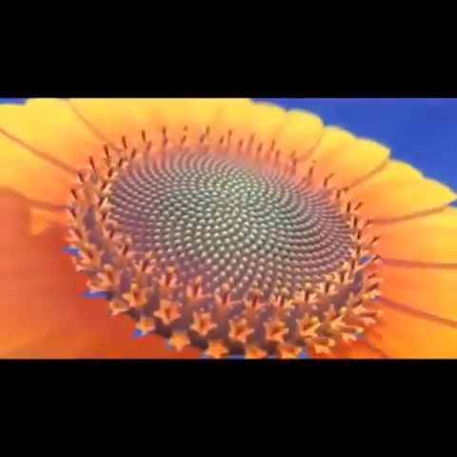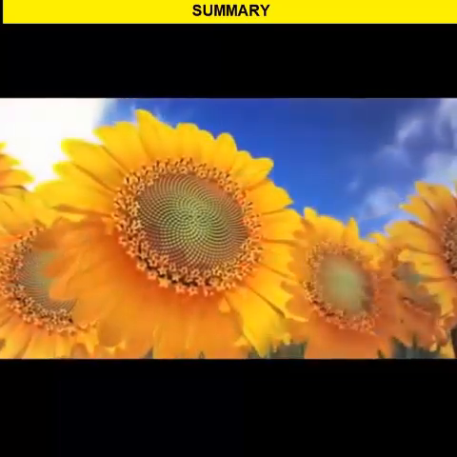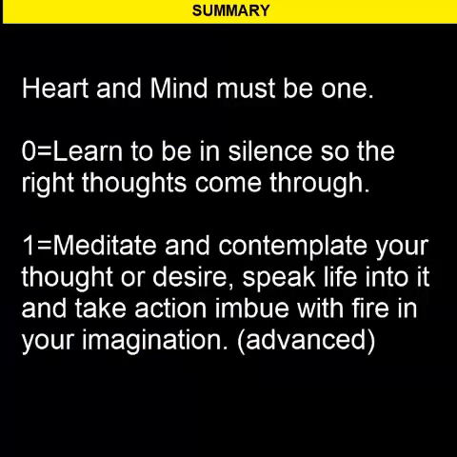So I would like to give us a summary here of everything that I've talked about. First, your heart and mind must be one. Now, according to 0 in the Fibonacci sequence, learn to be in silence so that the right thoughts come through.